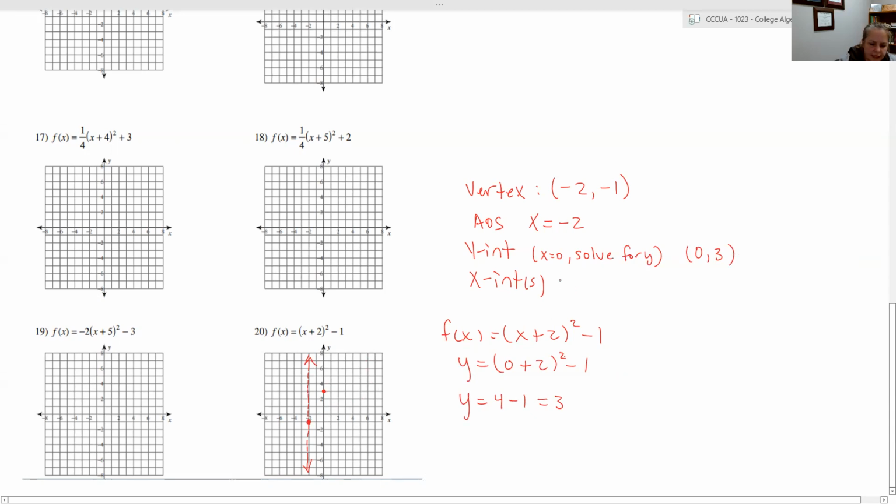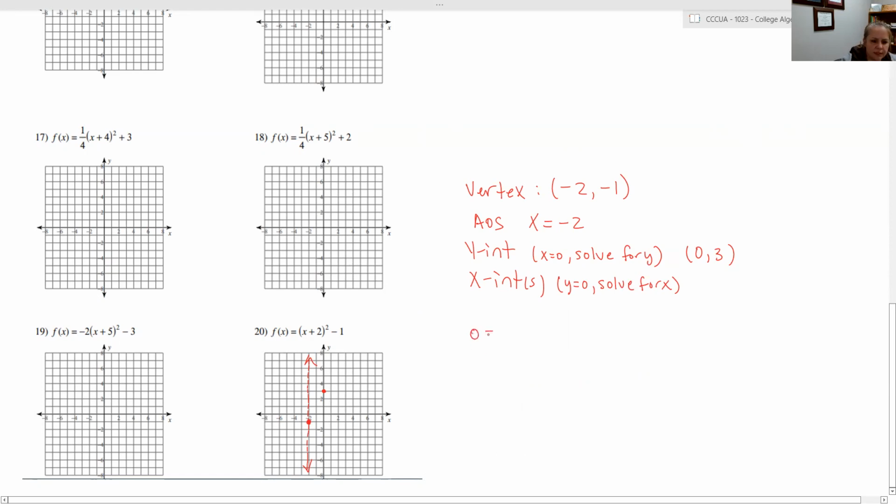To find my x-intercepts, I set y equal to 0 and solve for x. I hate that I just erased all of that, but okay.